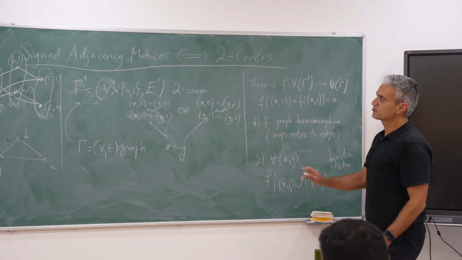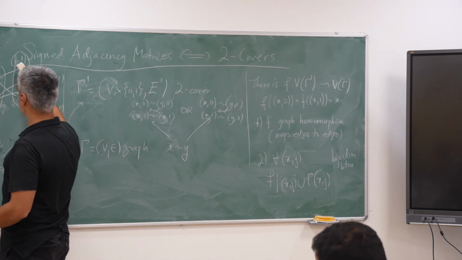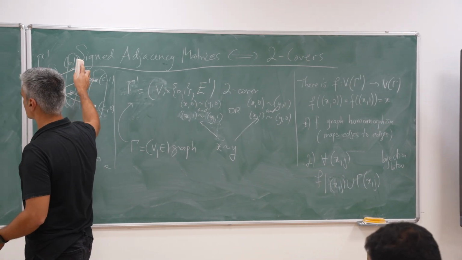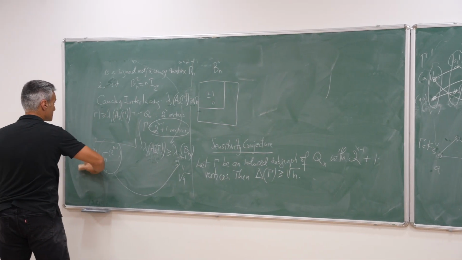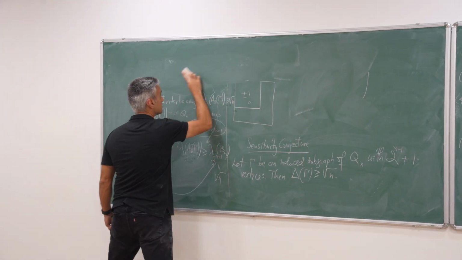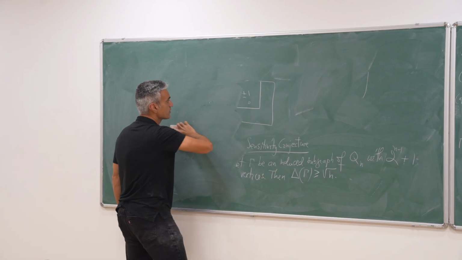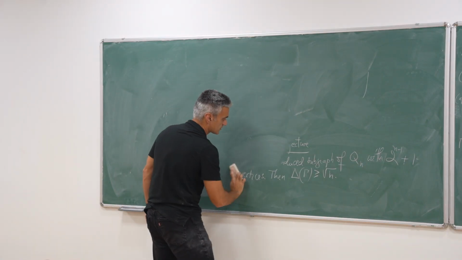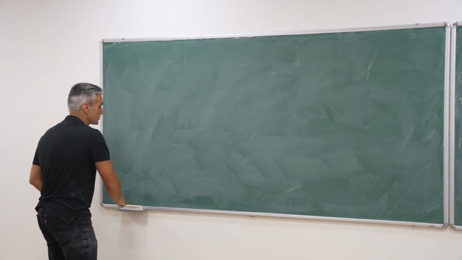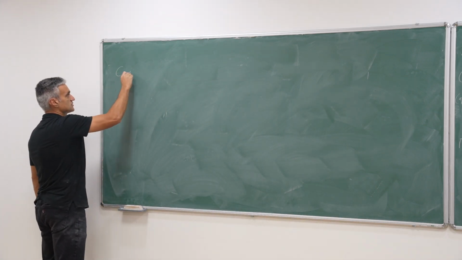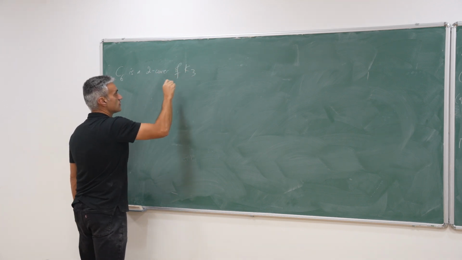Okay. For this example, my drawing is a little bit messy, but can you recognize what graph is on the top? Cycle C6. So C6 is a 2-cover of K3.